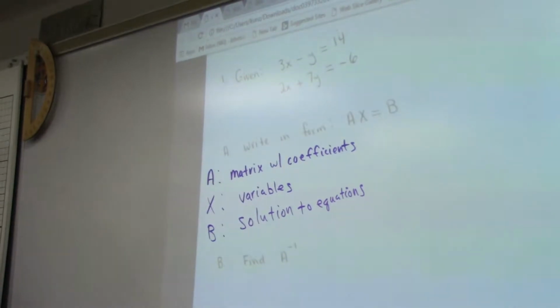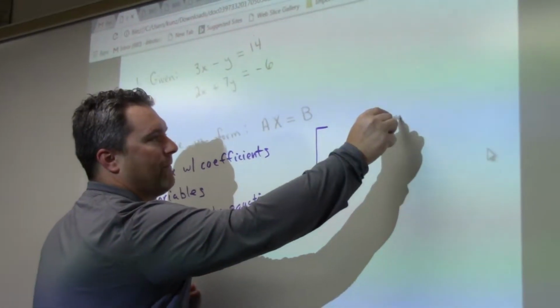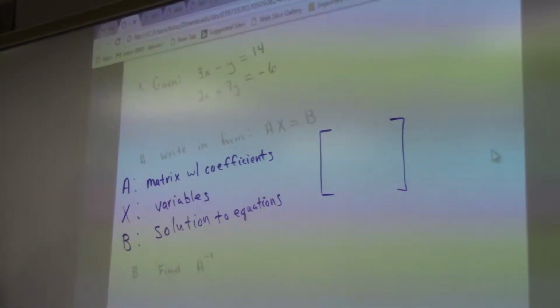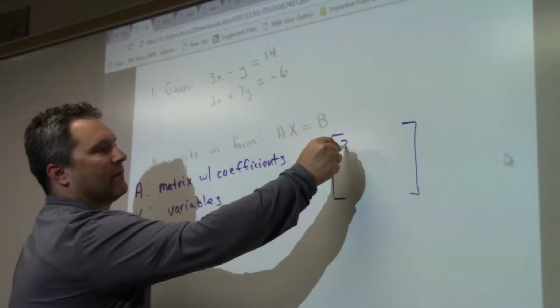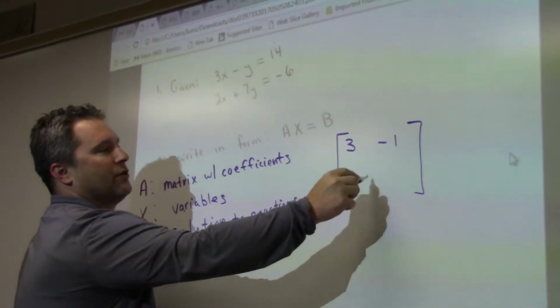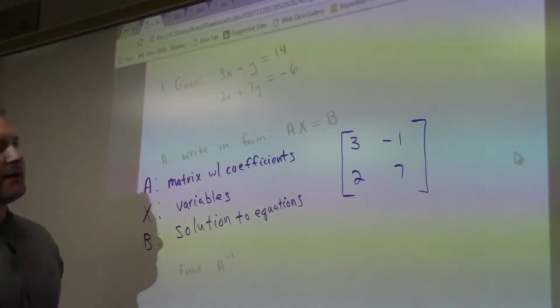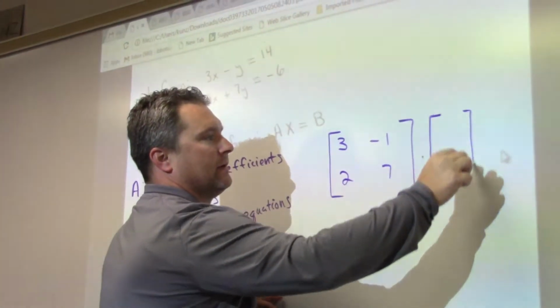So, matrix A. What are the coefficients in the original problem? 3 for the first X, -1 for the Y, 2 and 7. The X matrix is going to be one column.